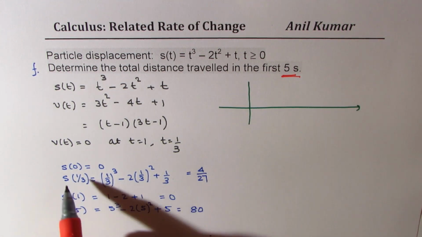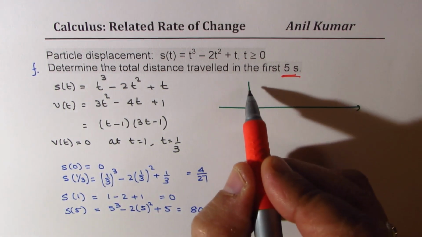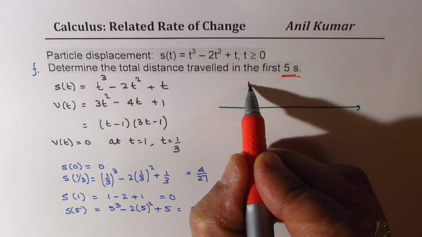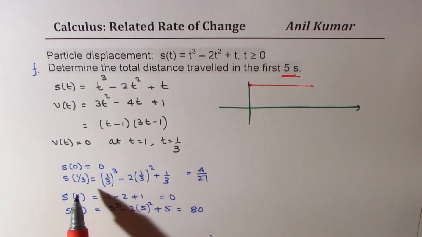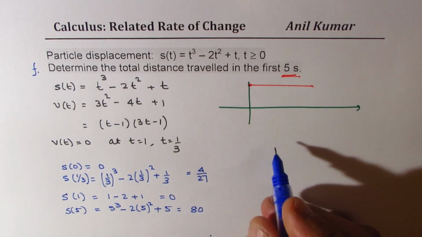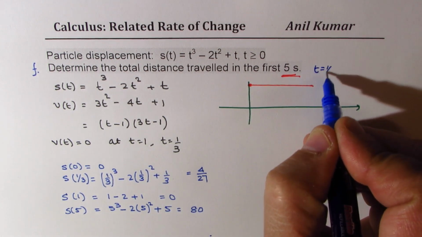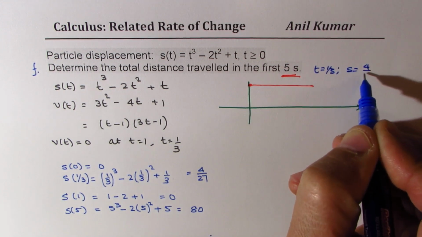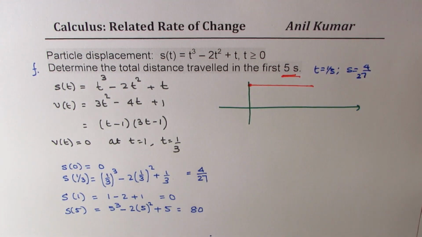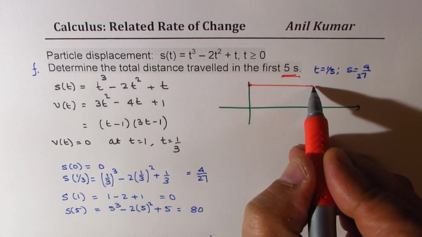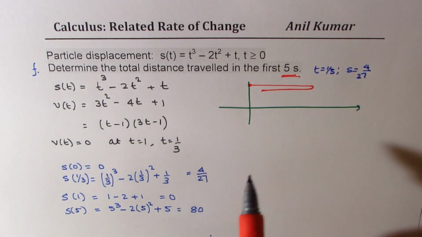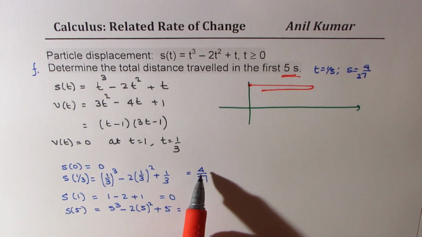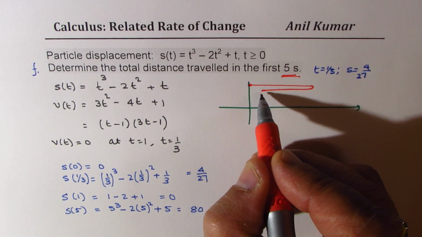So initially s is 0, so the object starts from, let's say, this point and moves forward for 1/3 of a second. It reaches a point where t is equal to 1 over 3, and s is equal to 4 over 27. Now at this point the object turns, goes back, and it returns to the starting position.